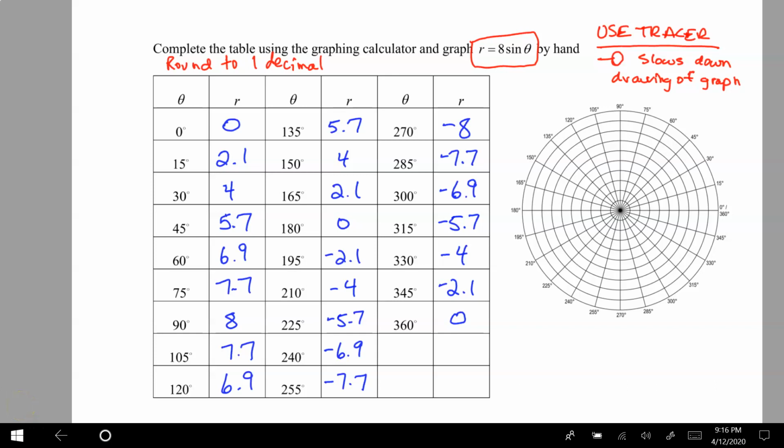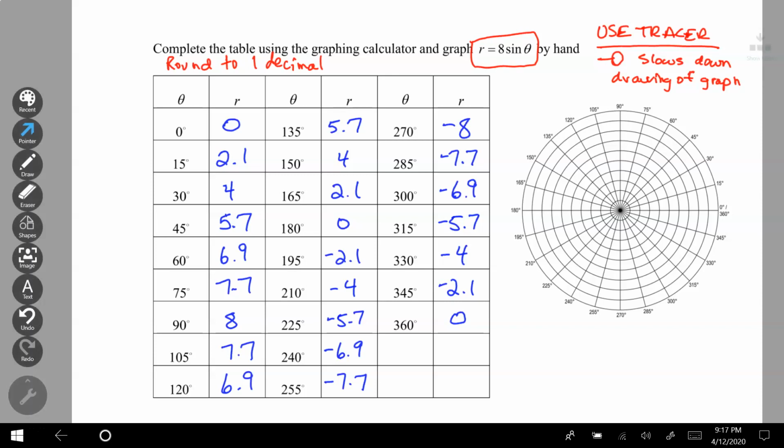As you can see, I use my graphing calculator to complete the table, and now I'm going to graph some of the points. And remember, I'm graphing r, theta, so the first one is going to be at angle 0, radius of 0, which is just the origin, right here in the middle. At 15 degrees, I'm going to go out 2.1.